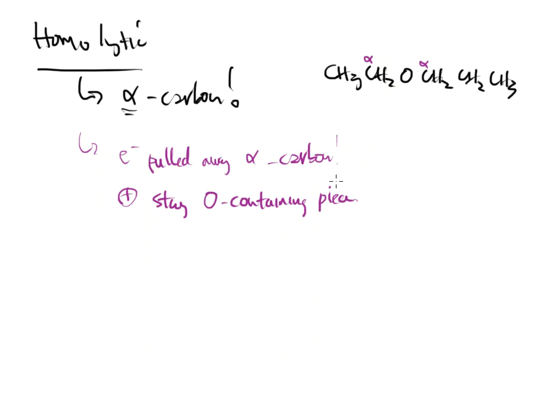Think about it. Halogens did the same thing, right? We cleaved it. Those electrons moved in, and it created a double bond with the halogen. And that's what gave it a positive charge. Ethers are going to be the exact same way, people.